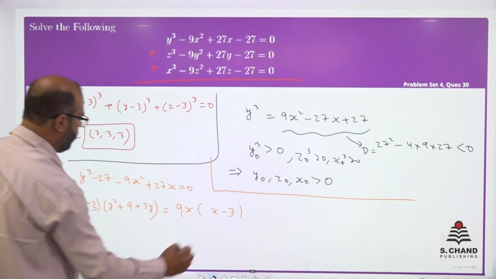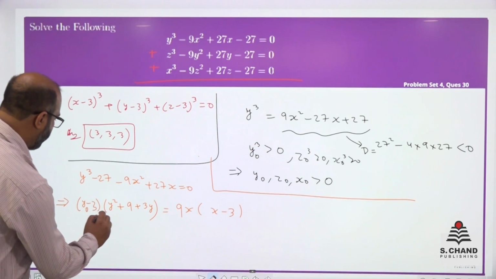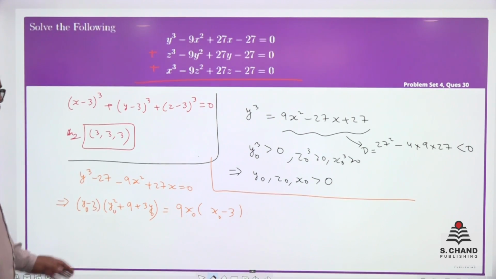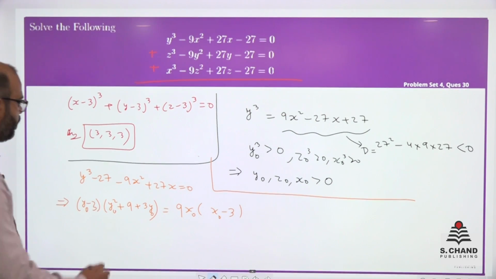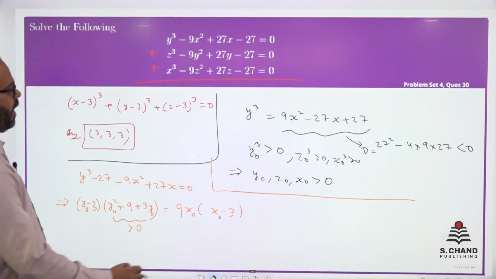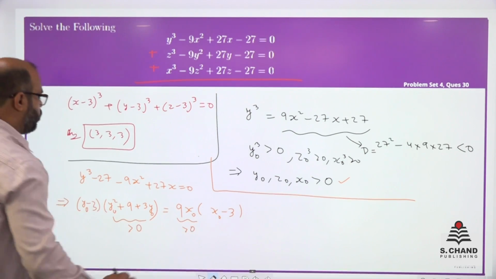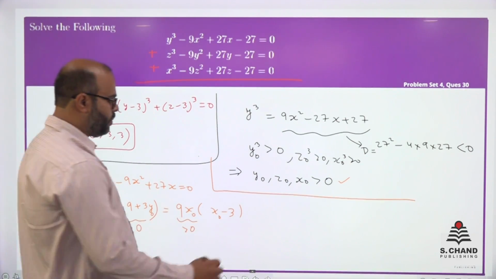So x minus 3. Now, if y naught, x naught is a solution, since we know y naught square plus 3y naught plus 9 is always going to be positive, as the discriminant is negative, and x naught we have already shown is positive, y naught minus 3 and x naught minus 3 should have the same sign.